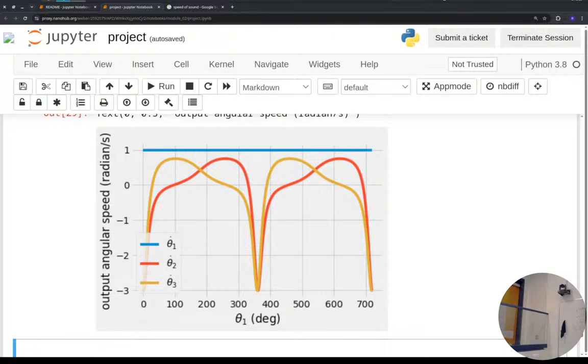Say we have 1 meter: take the angular speed times the radius, which is 1 meter. We would want linear speed.